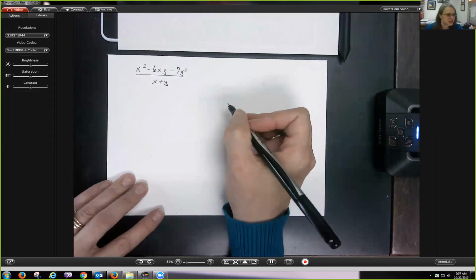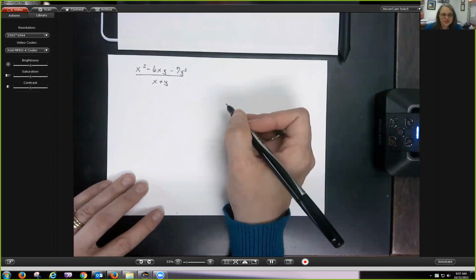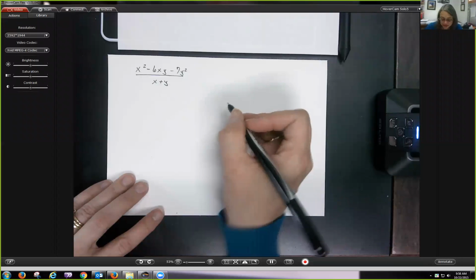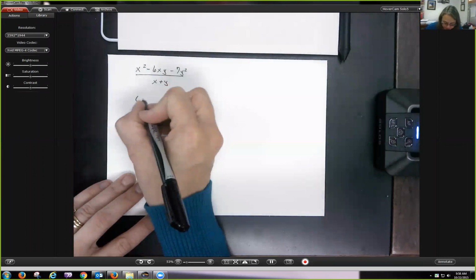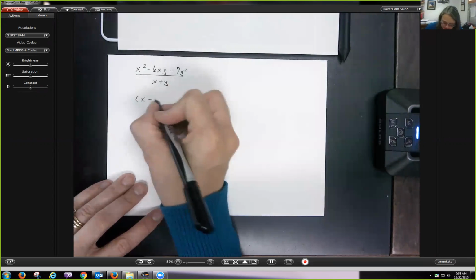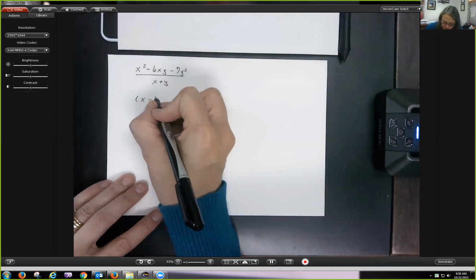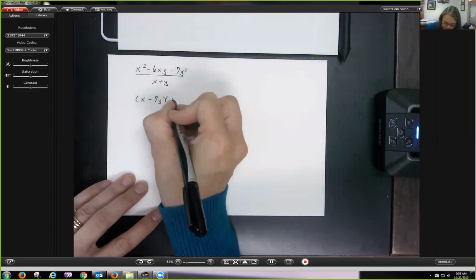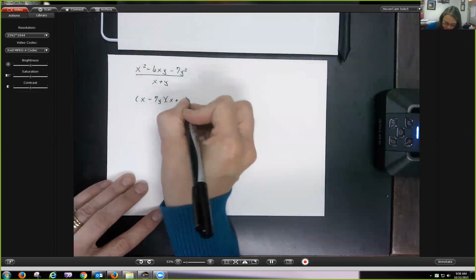I really have two choices. If the numerator is something that I can factor, then I factor the numerator. So I happen to know that this numerator will factor as x minus 7y times x plus y.